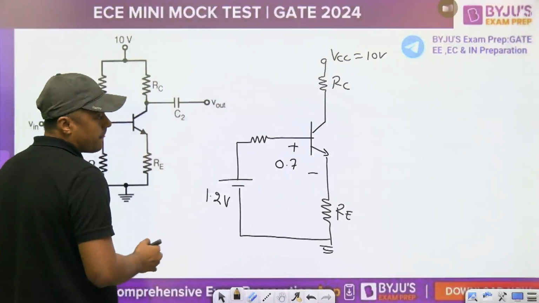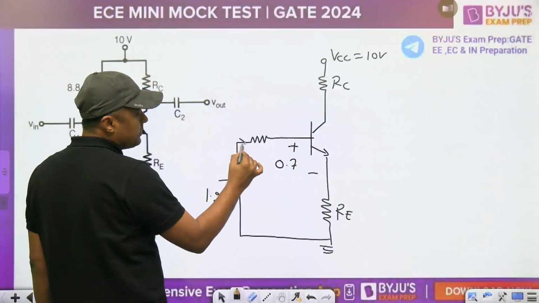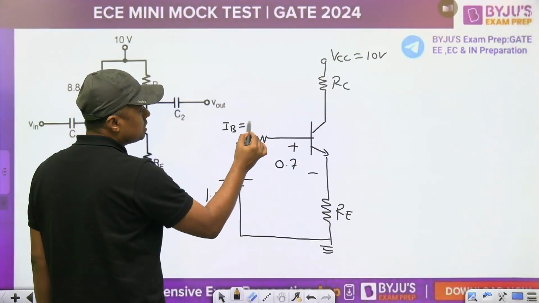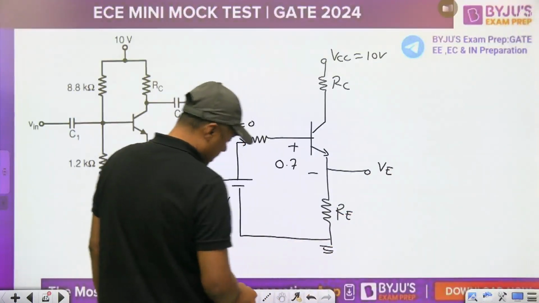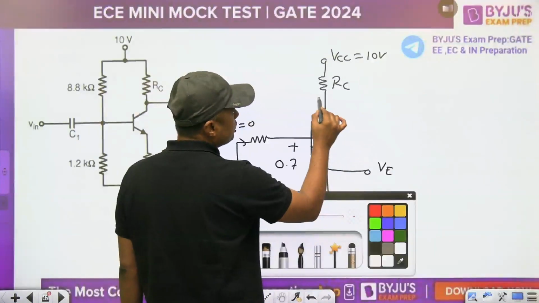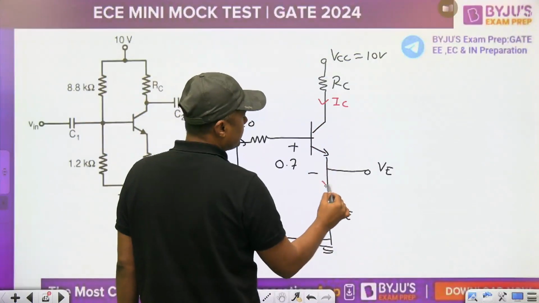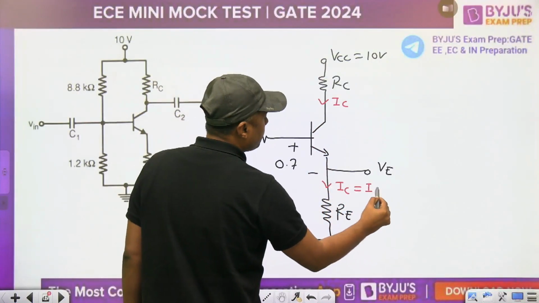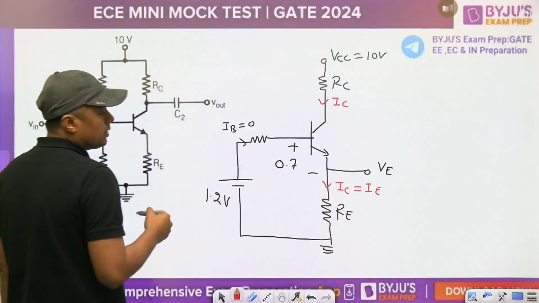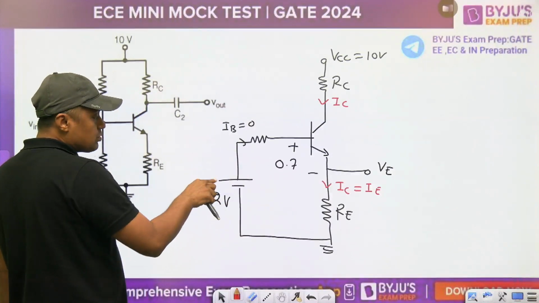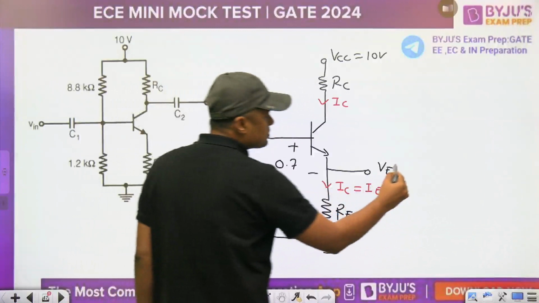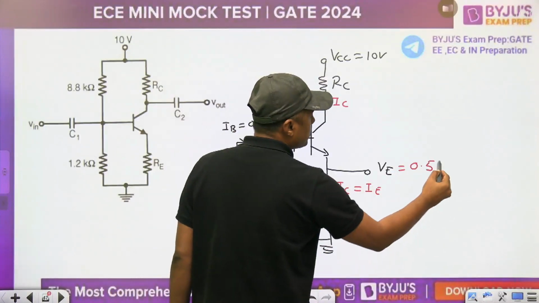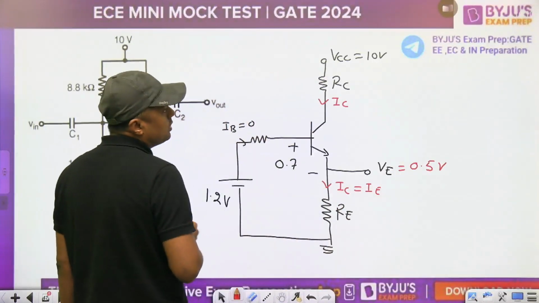Now, what is the voltage at this point? That is the VE. The same current will pass from this point to this point because IB is 0. 1.2 minus 0.7 is 0.5 volt. This voltage is 0.5 volt.